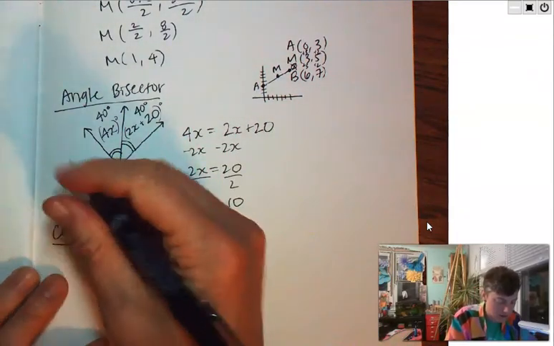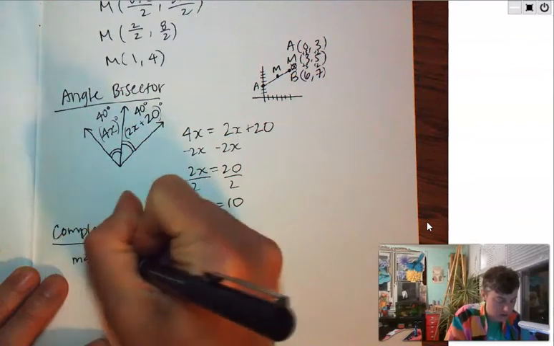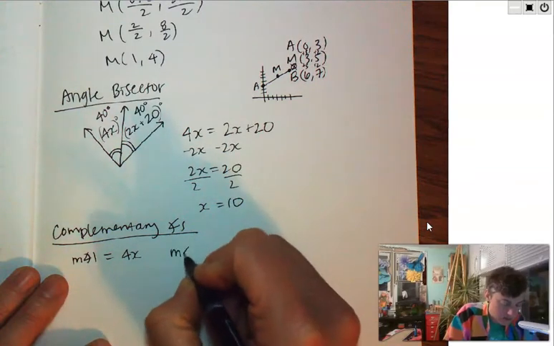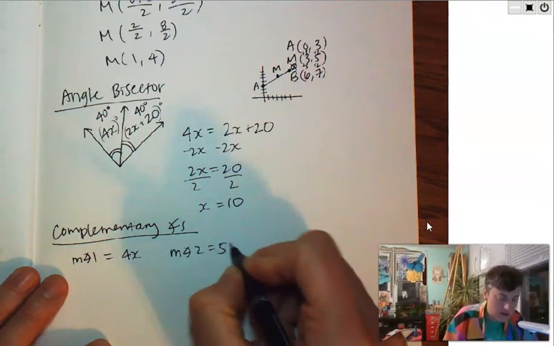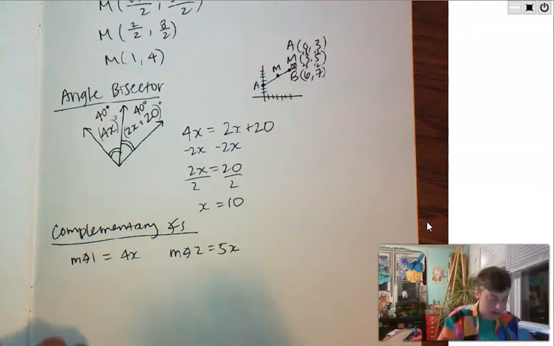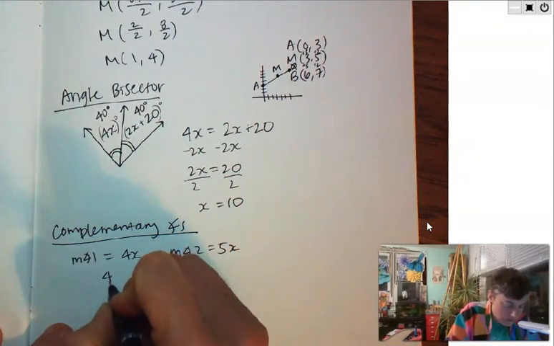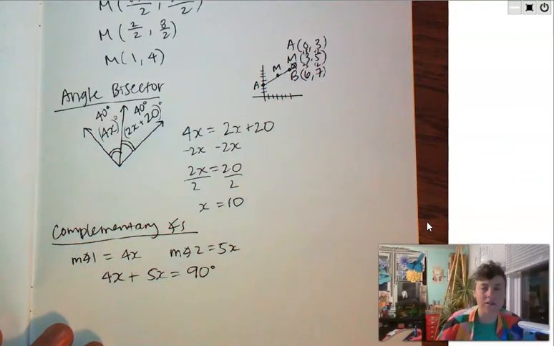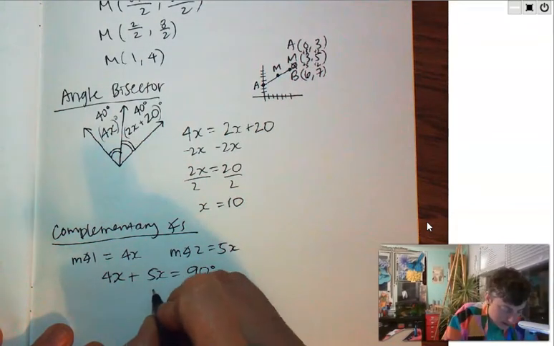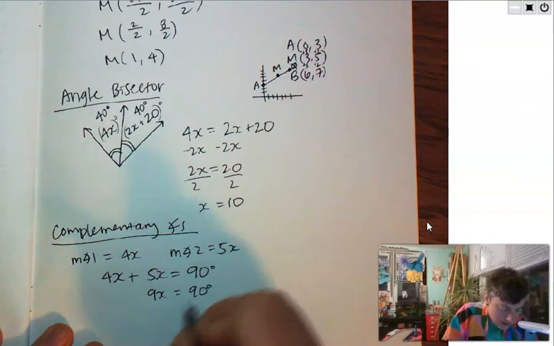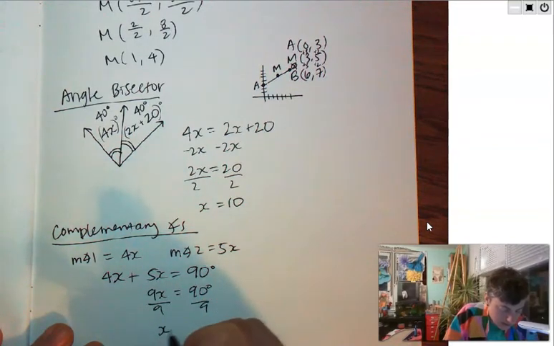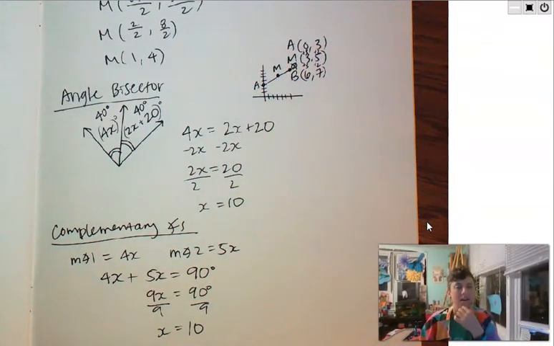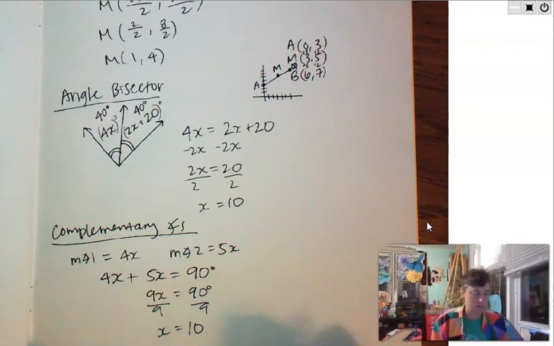So, if I know the measure of angle 1 equals 4x and the measure of angle 2 equals 5x, and I know they're complementary, I know that 4x plus 5x equals 90 degrees. I could solve that by adding my like terms. So x equals 10 in this case. Complementary means adds to 90.